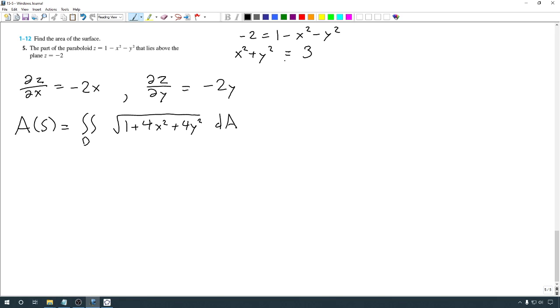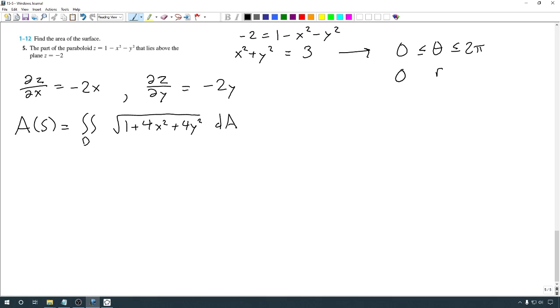Of course, since we are working with a domain that is a circle around the origin, it would make sense to use polar coordinates. So don't forget that we can use polar coordinates in these examples still. In polar coordinates, what does this actually become? Well, we're going all the way around the circle, so theta is going to be between 0 and 2 pi.